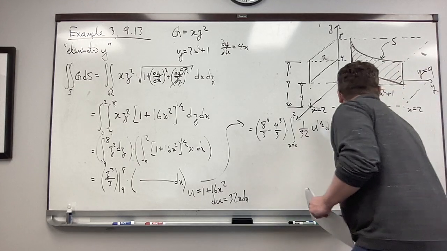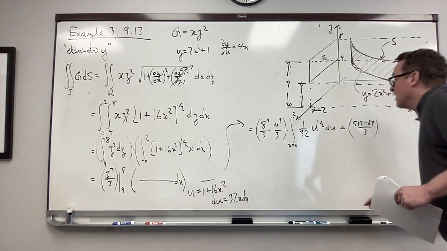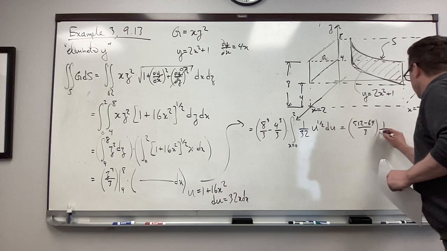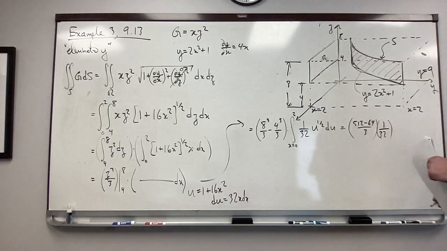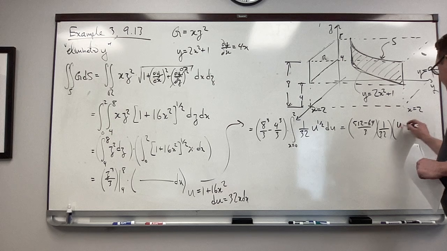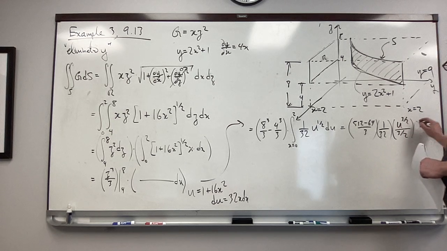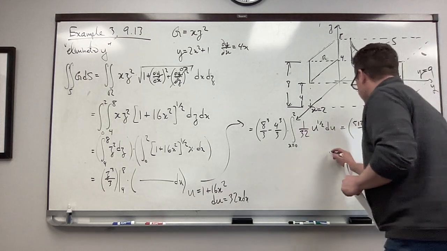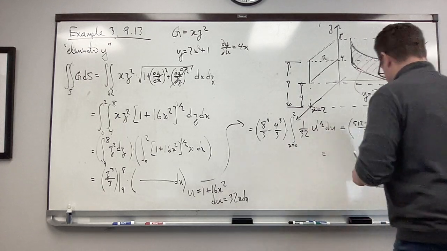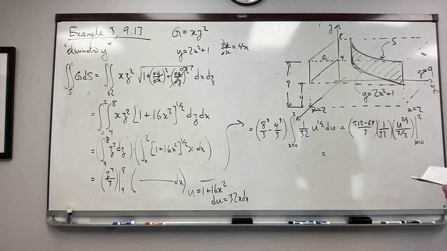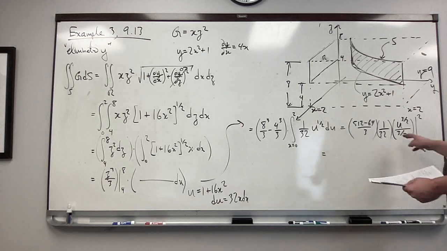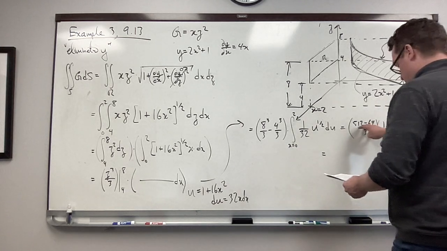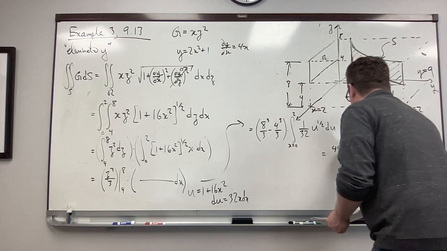Okay, we're going to do the integral now here. So we got 1 over 32, and then I've got u to the 3 over 2. Okay, so that is what we got here. So my note here, 448.